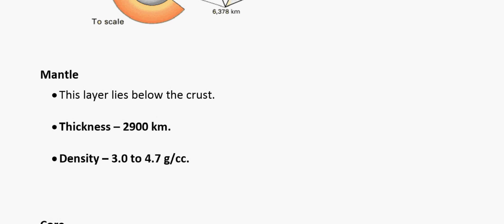Let's talk about mantle. This is the layer which lies below the crust, and its thickness is about 2900 kilometers. It's not like the crust, which was 30 kilometers; the thickness of the mantle is 2900 kilometers.